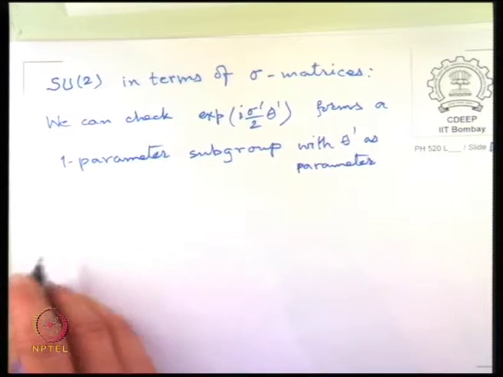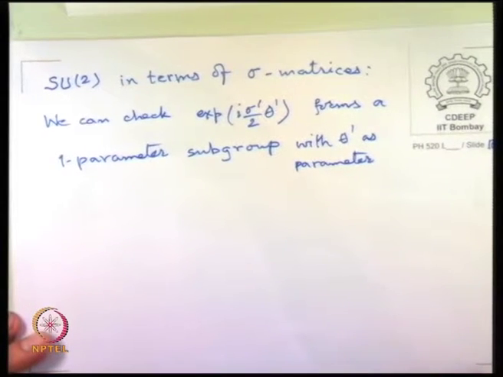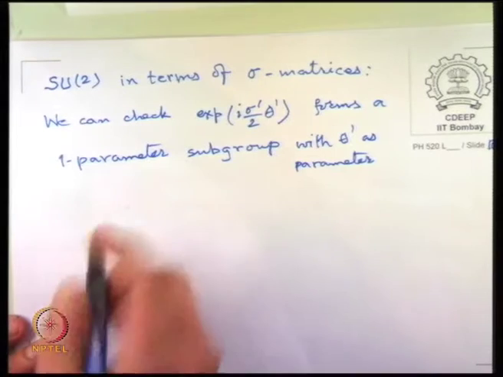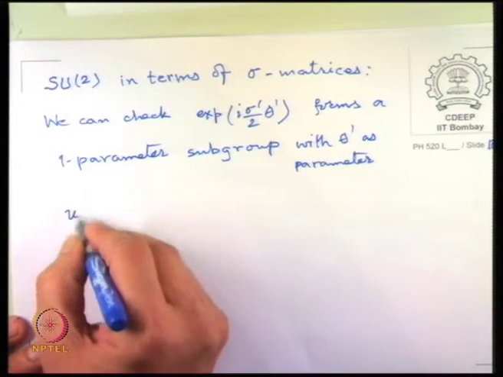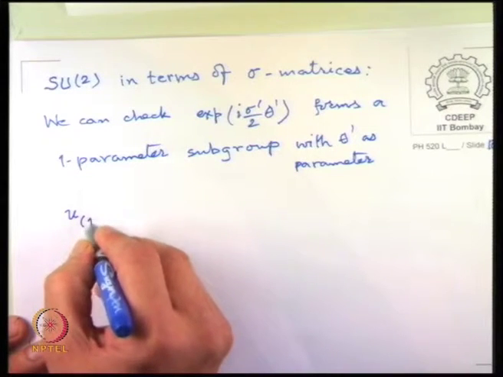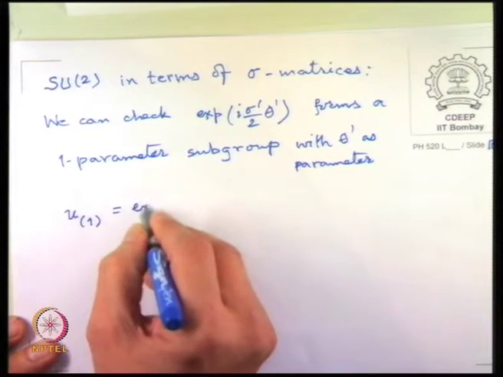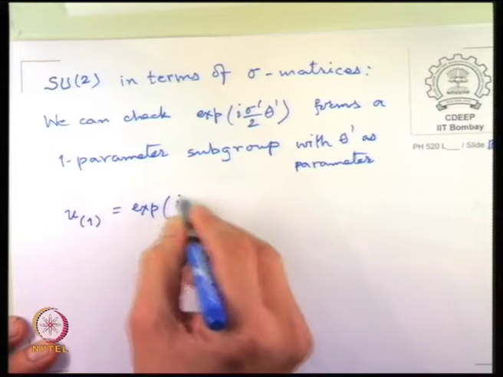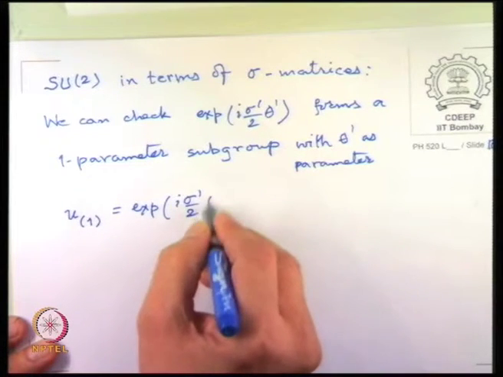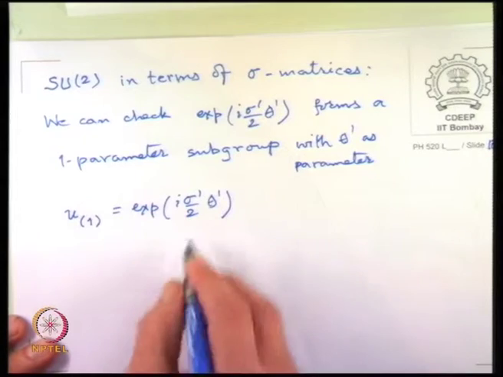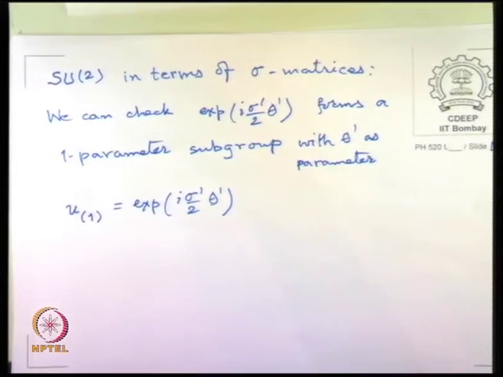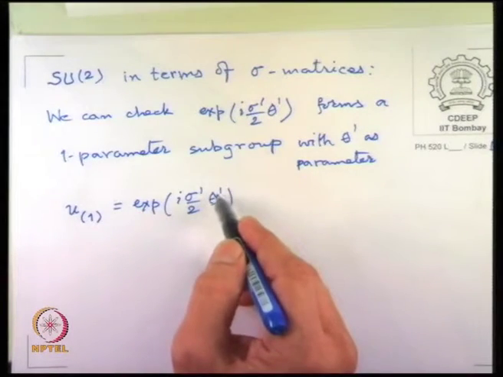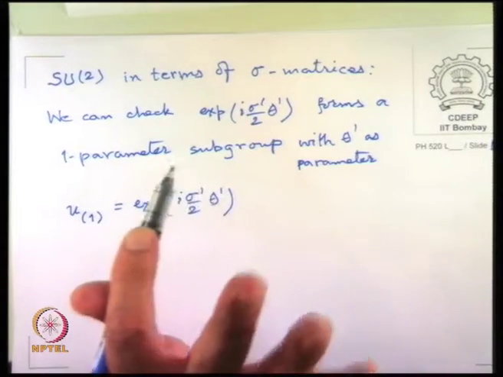So this we may call ux or u1. I will tell you why I am putting a half. The theta is some parameter; I will use theta by 2 for a reason that we will quickly explain.